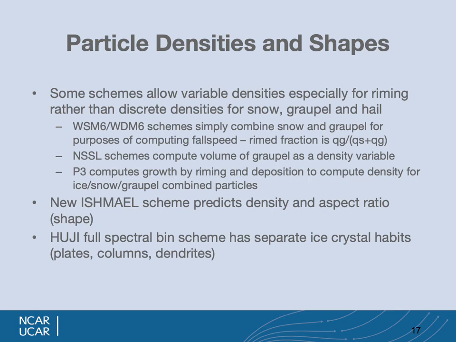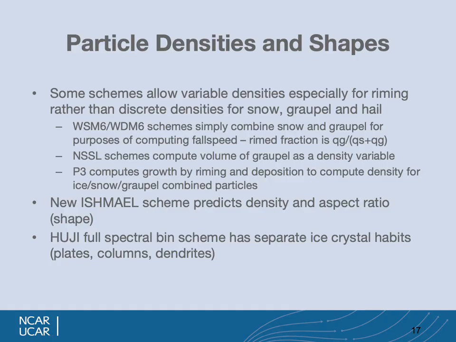So different species have different densities and shapes. Snow and graupel and hail, for example, are all ice particles, but they have different densities. And in reality, the density does evolve between them, and they're not so sharply discretized. So we have ways of trying to represent this.